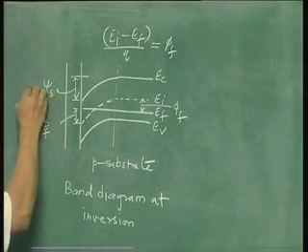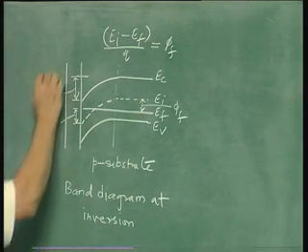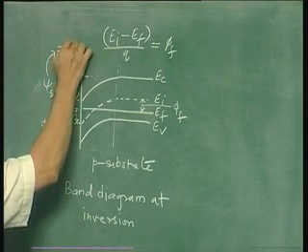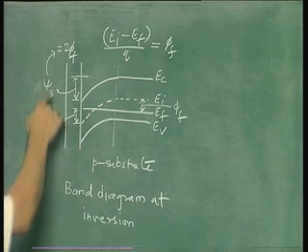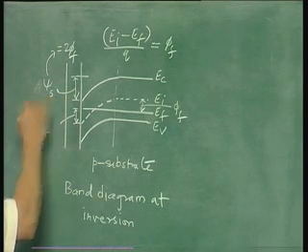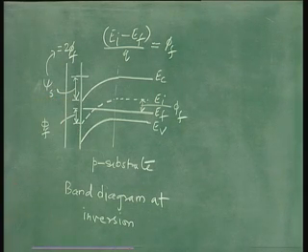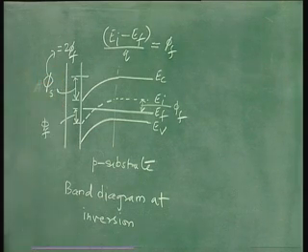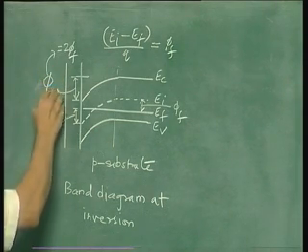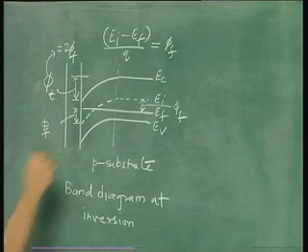So this is equal to twice phi f at inversion. This is phi t. So this is psi s, which we can also call phi t, and that is twice phi f.